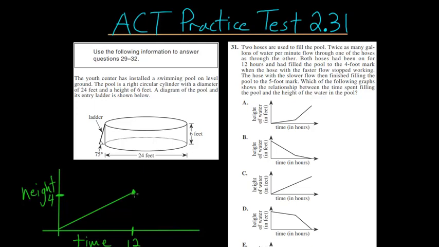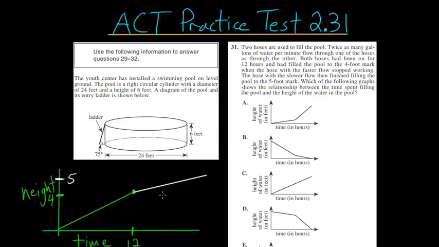So it's now going to fill at 1/3 of the rate. So essentially this slope here on the next line as the time goes on, that slope's going to be only 1/3 of the slope of this line. So let's draw that line. And it might look something like this, where it stops filling, that's the 5-foot mark.